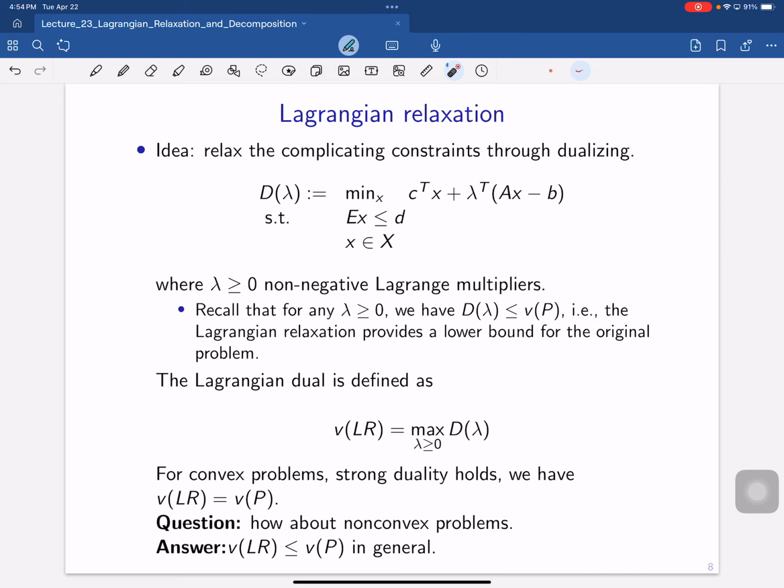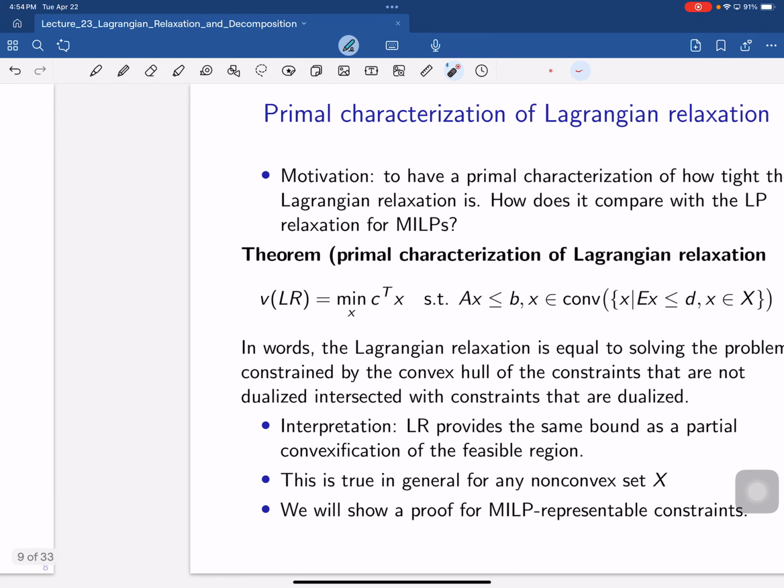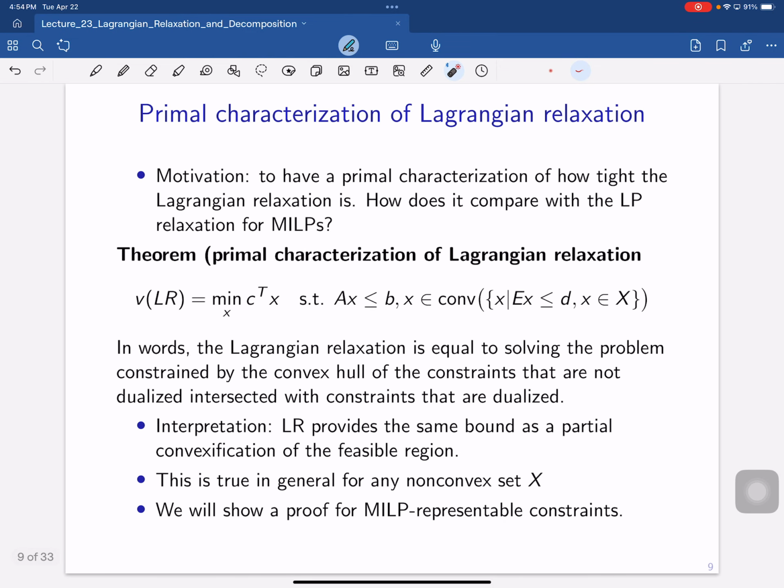How are these two values related? So that motivates the so-called primal characterization of Lagrangian relaxation. The idea is if we can characterize using the primal constraints how tight the Lagrangian relaxation is, then it gives you some idea of how good this relaxation is.